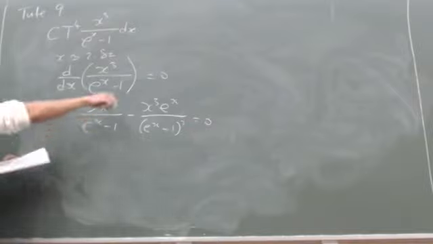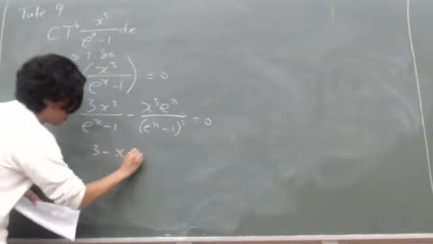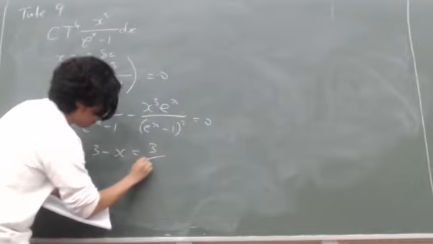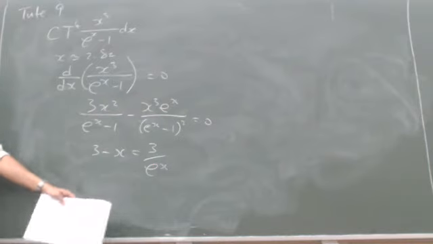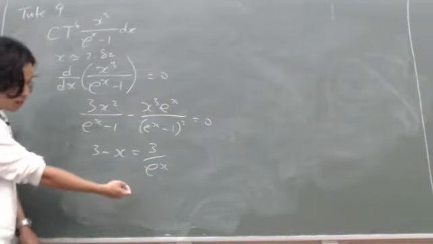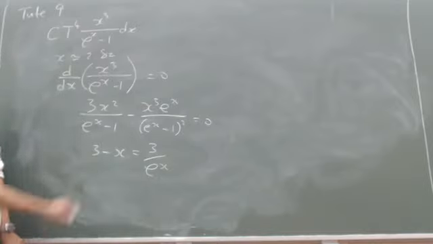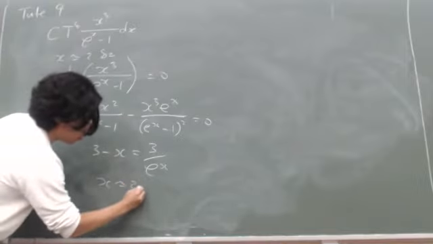Then you do some simplification, shove some stuff around, and you end up getting 3 minus x is equal to 3 divided by e to the x. You can't solve that by eyeballing it. You can either plot both of these lines and see where they intersect, or put it into Mathematica or Maple and solve for x, and then you get x is approximately 2.82.